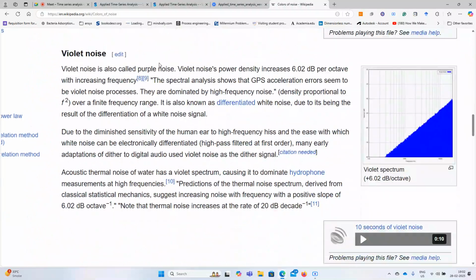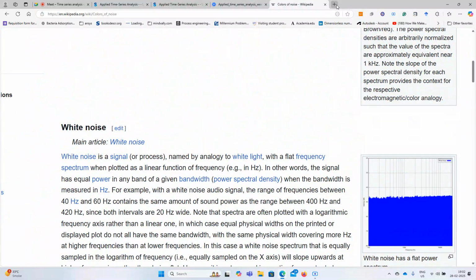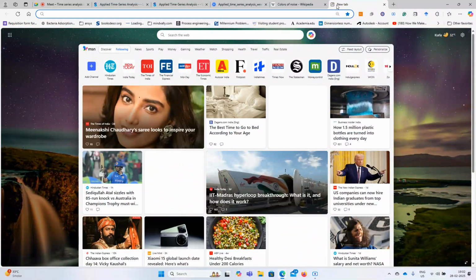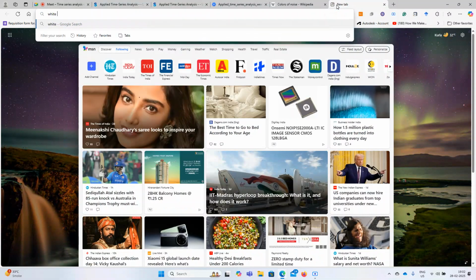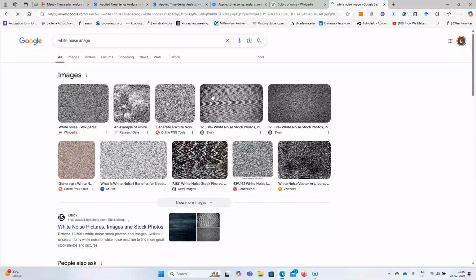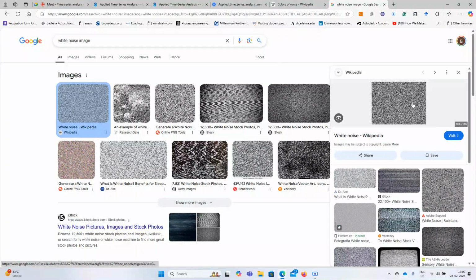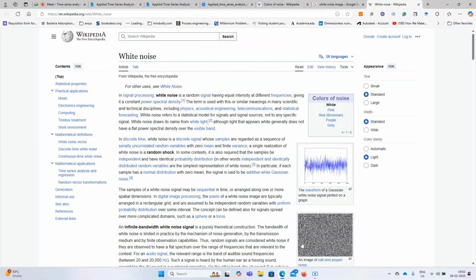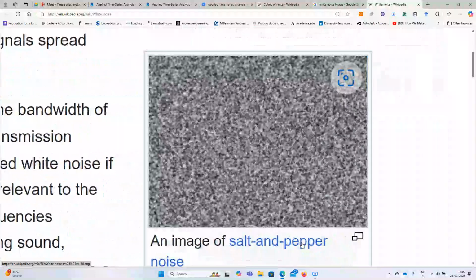Let me show you this. So in TVs this used to be the sort of image that used to come. This one is white noise, also known as salt and pepper noise.